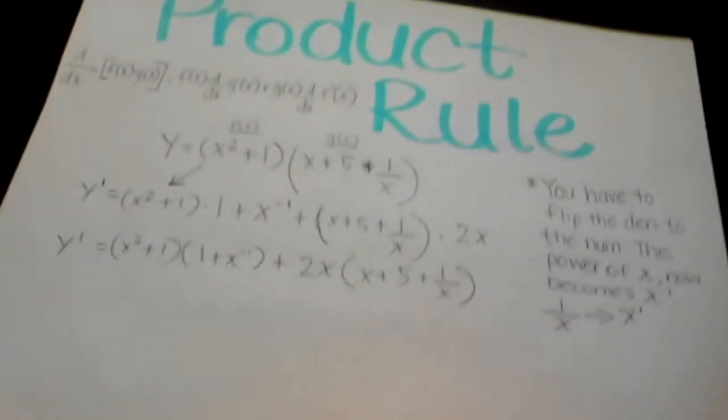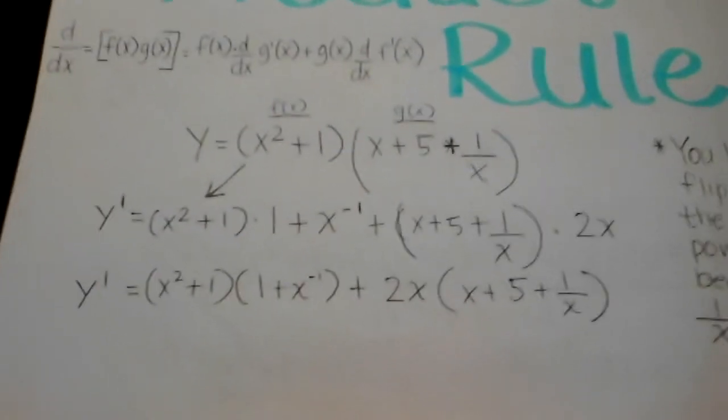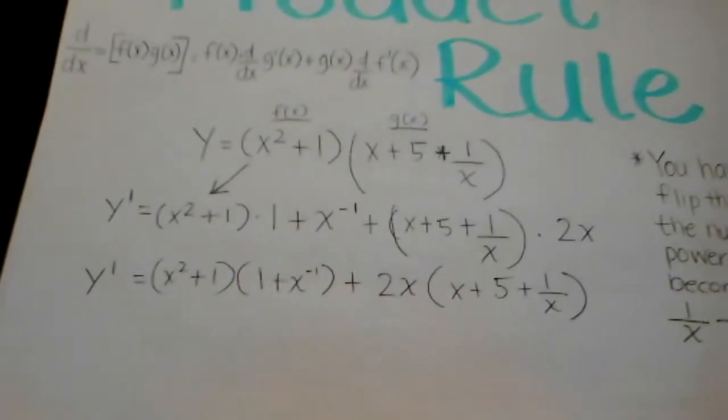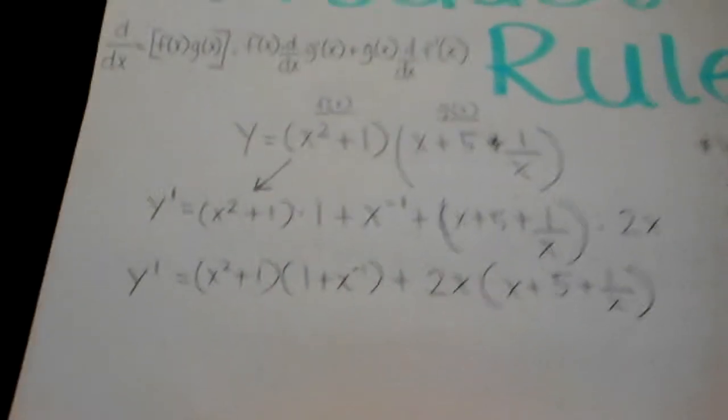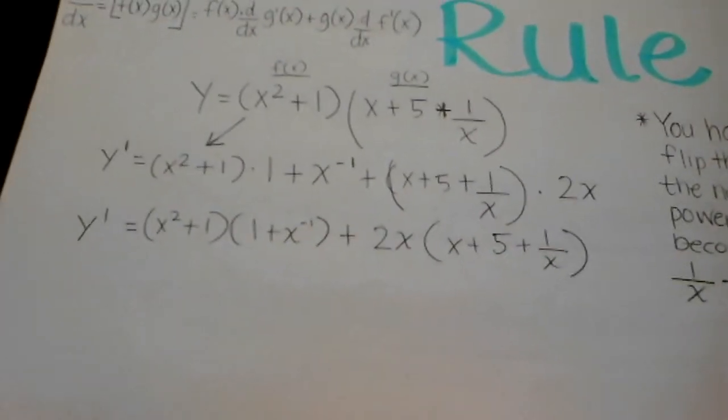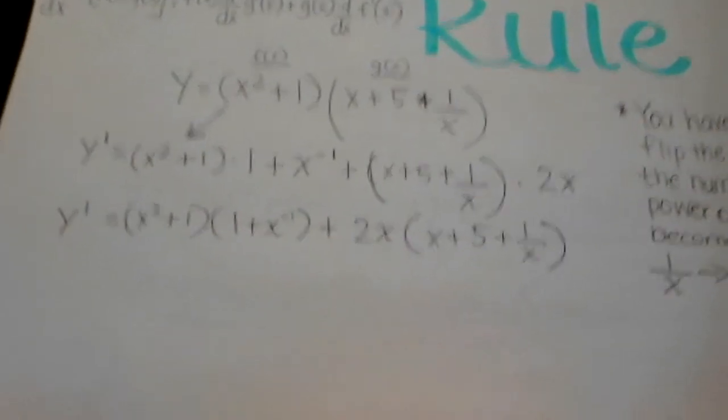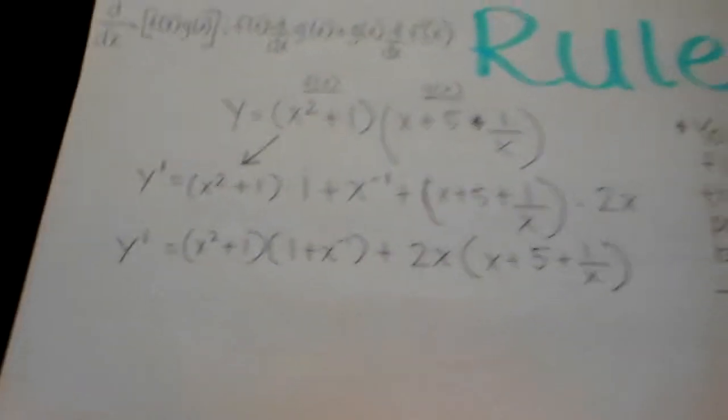Okay, so we're going to do problem number 2. Problem number 2 is y equals x squared plus 1 times x plus 5 plus 1 over x. First, you're going to prime your function to y prime.